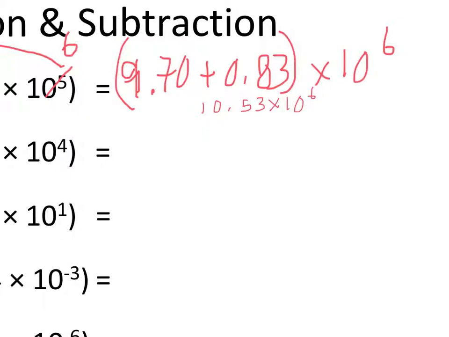I need to convert this into appropriate scientific notation by moving this decimal point over by 1. That will cause me to raise this up. So my final number is 1.053 times 10 to the 7.